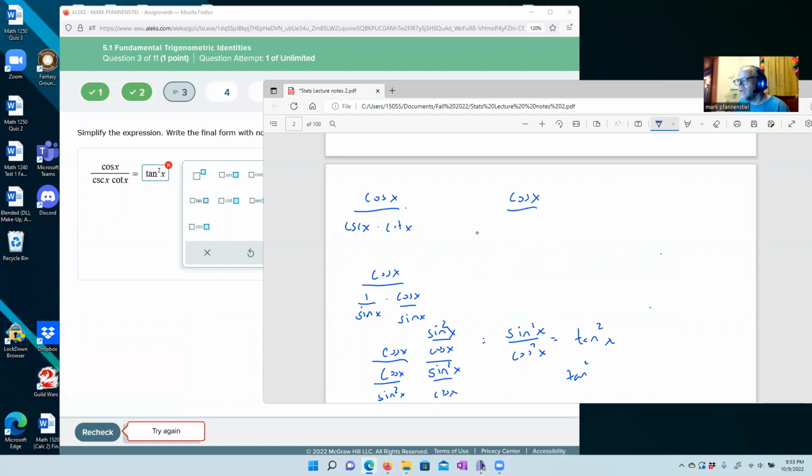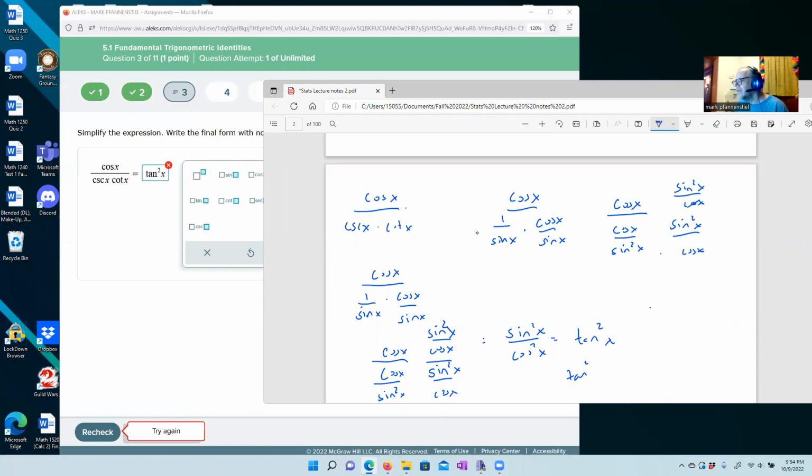This is why I don't like doing ones like this. It's over cosecant, which is 1 over sine x, times cosine x over sine x. So this is cosine x over sine squared x. Sine squared x, cosine x, the sine squared x over cosine x cancel.